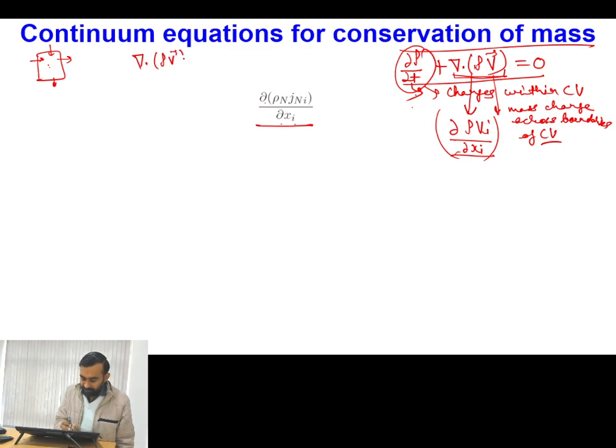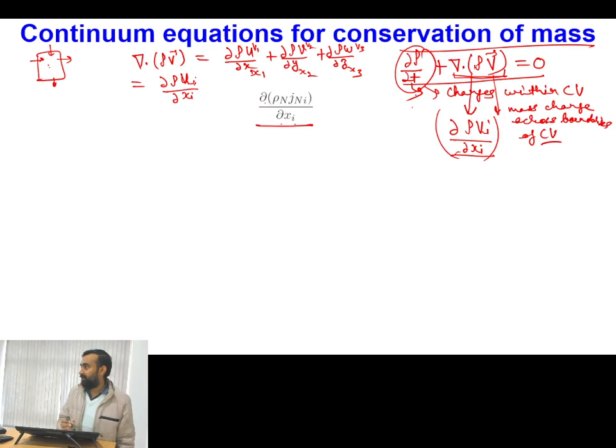Divergence of rho v vector is nothing but del rho u by del x plus del... Now if I represent x, y, z with indices x1, x2 and x3 and u, v, w with V1, V2 and V3, then I can write this term as simply del rho Vi by del xi, where i is varying from 1 to 3.